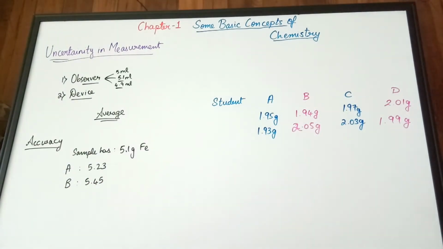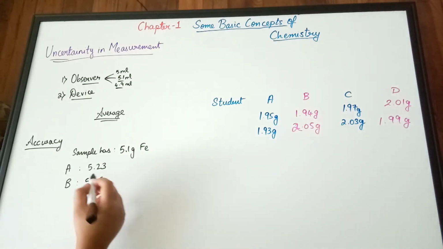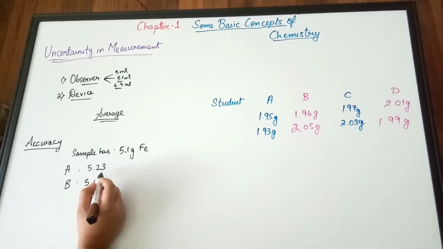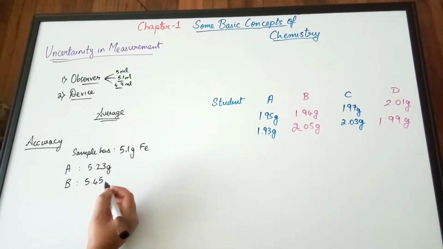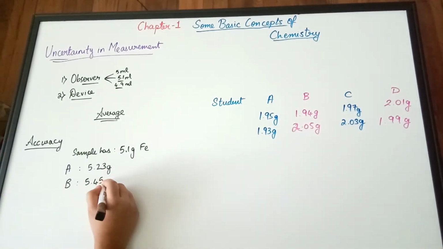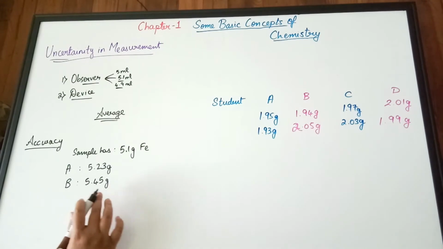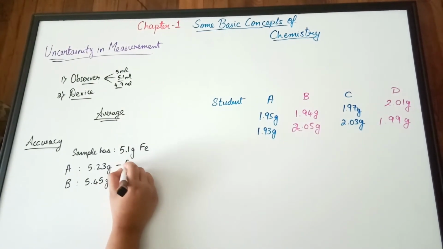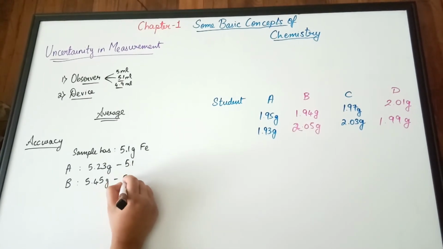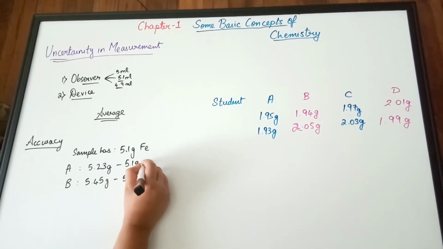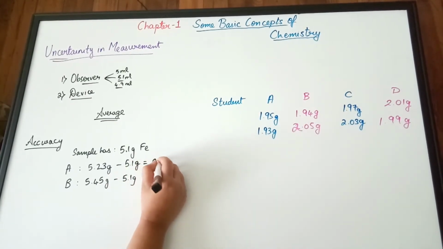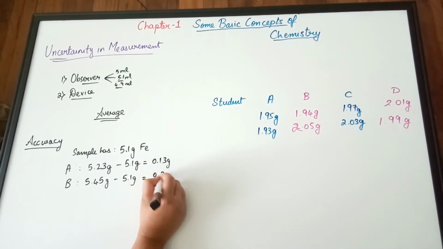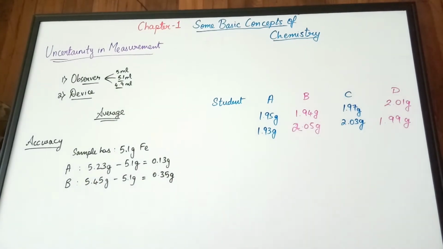I say both of them are wrong because here we have not mentioned the units. When I say just 5.23, it means nothing. So A mentioned 5.23 grams and B mentions 5.45 grams. I will deduct the true value from each, and we get 0.13 for the first and 0.35 for the second case.